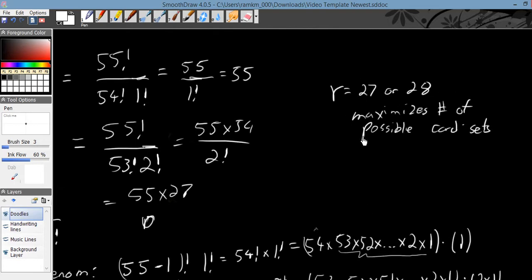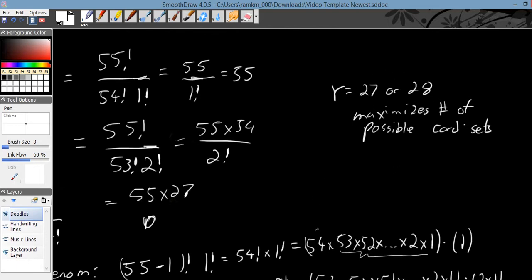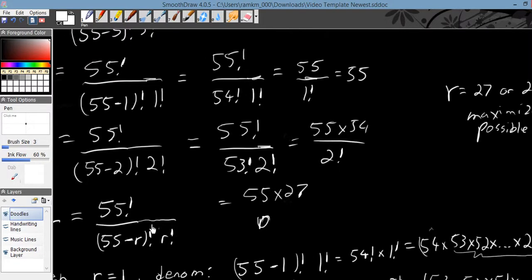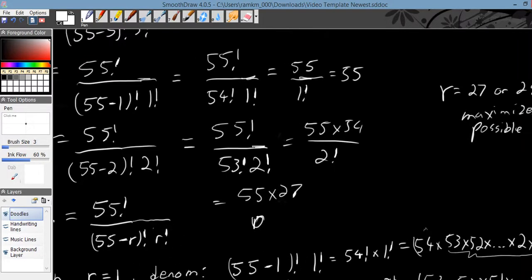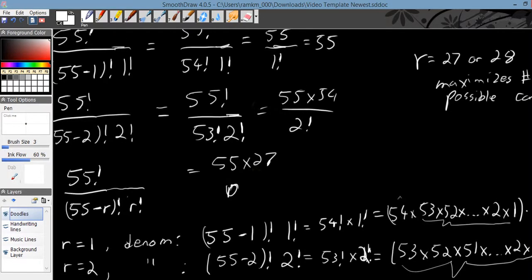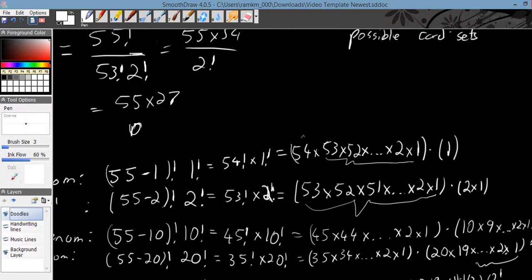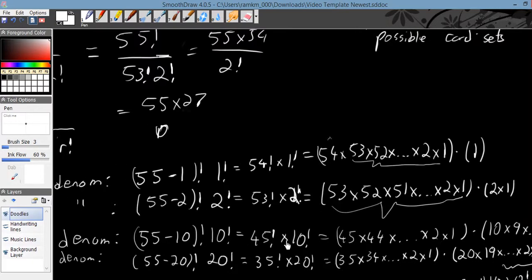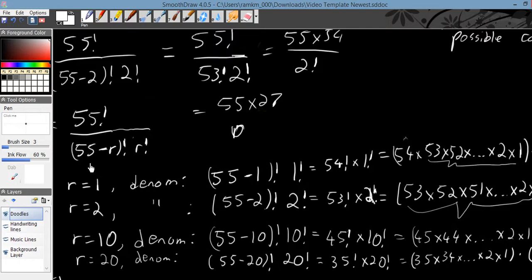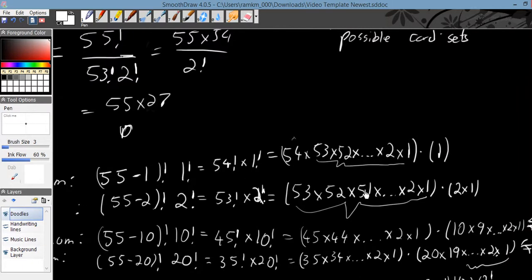Well, if only one of those sets wins, it should make sense that the lowest probability of winning is given when you're picking 27 or 28 cards. But what about the highest probability of winning? Well, the highest probability of winning is going to be when this denominator is as high as possible, right? And hopefully we saw that this denominator gradually gets smaller as the value of r gets bigger, and that trend continues until r equals 27.